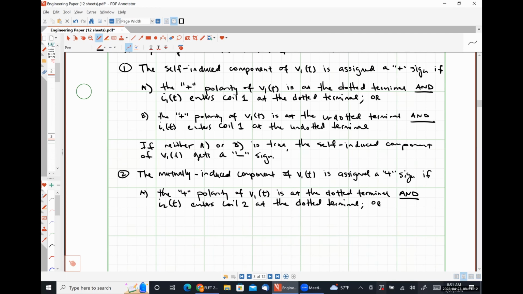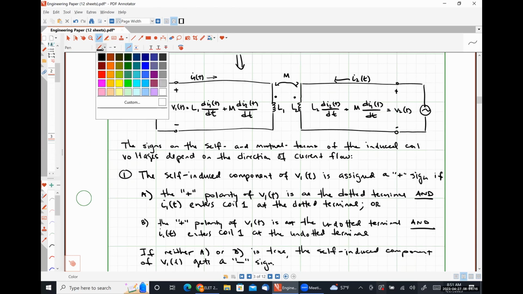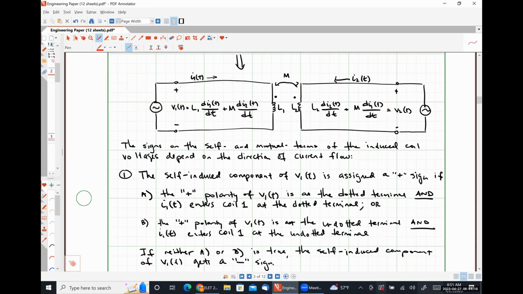So let's look at that really quickly here, just so that we're all on the same page. What we're checking for is that the positive polarity terminal for V1 is at the same node as the dot for coil 1, and we're checking to see if the current I2 flows into the dot for coil 2.